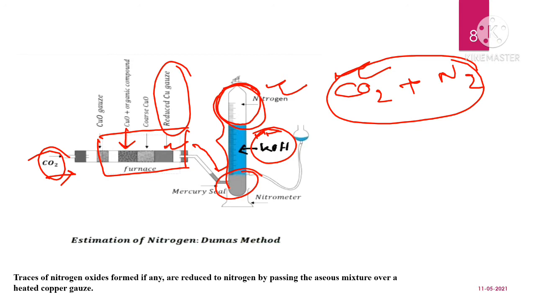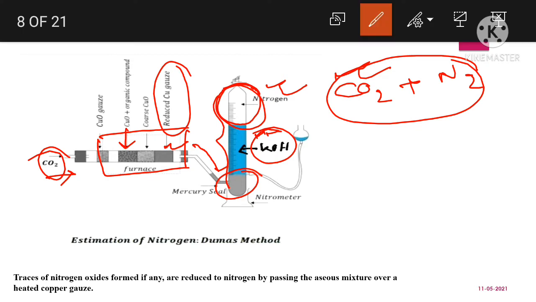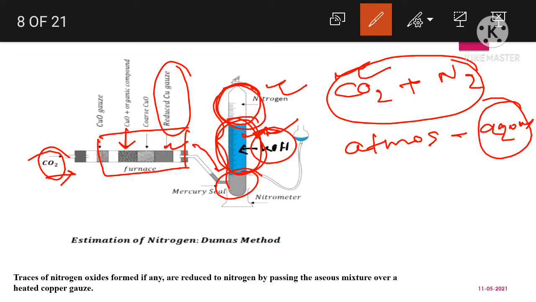The pressure will be atmospheric pressure minus aqueous tension. What is aqueous tension? Here the aqueous KOH solution is present, so it gives some pressure, which is called aqueous tension. So the pressure is equal to atmospheric pressure minus aqueous tension.